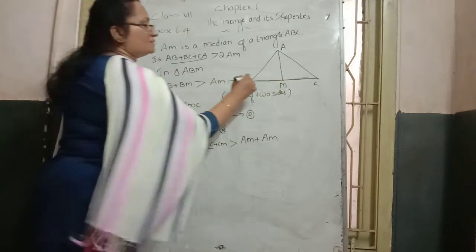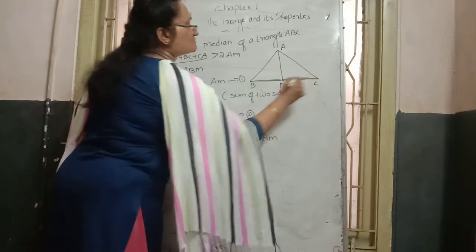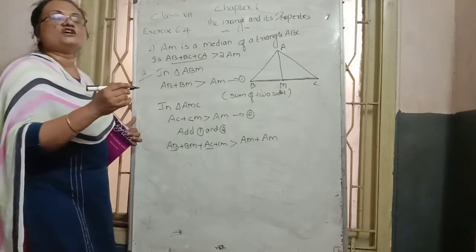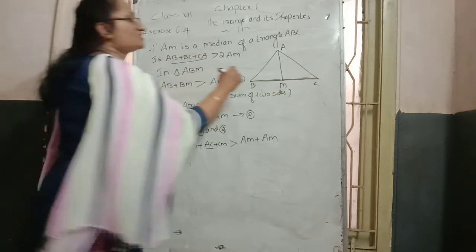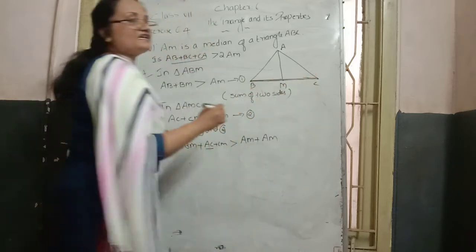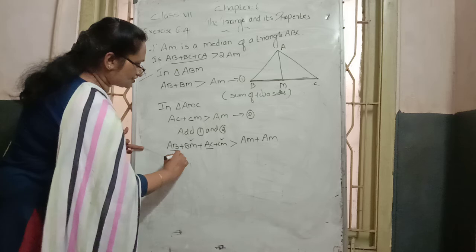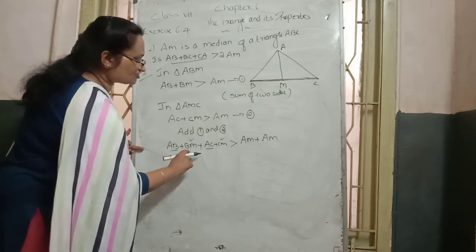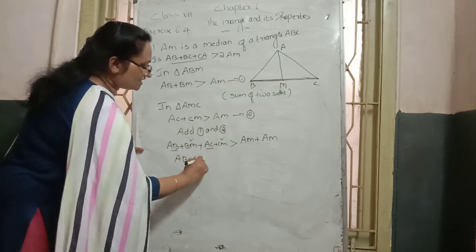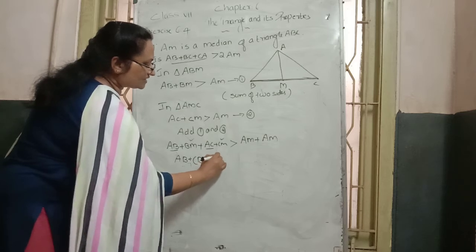The BC side. BM is one half and CM is the other half. Two halves joined together give a full line. So we can write AB plus BM plus CM together.